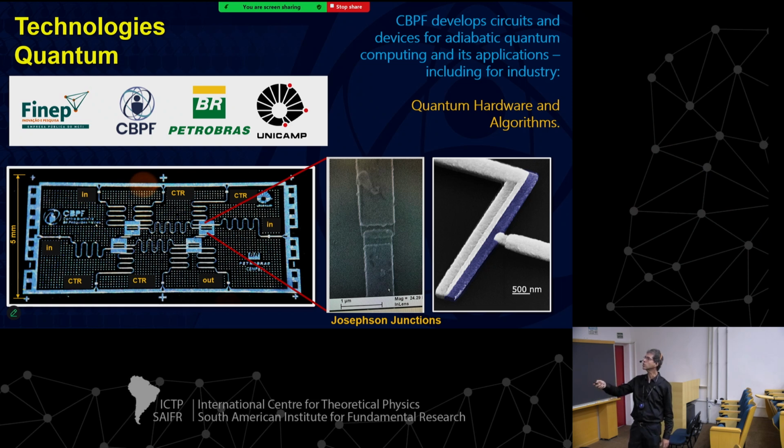And in those positions, we are able to build aluminum and aluminum oxide junctions that are Josephson junctions. They are the base of the qubit unit. The qubit, as you know, is the transistor of quantum computing. So the role of the transistor in classical computing is performed by the qubits in quantum computing.